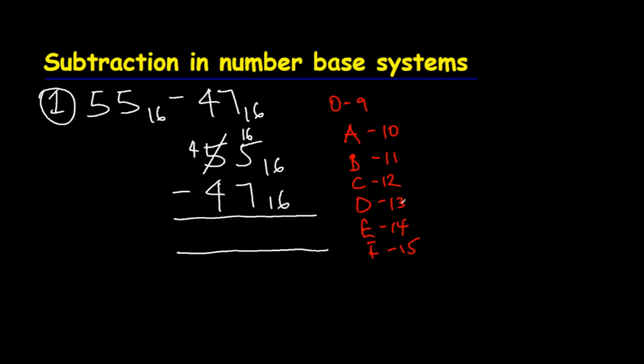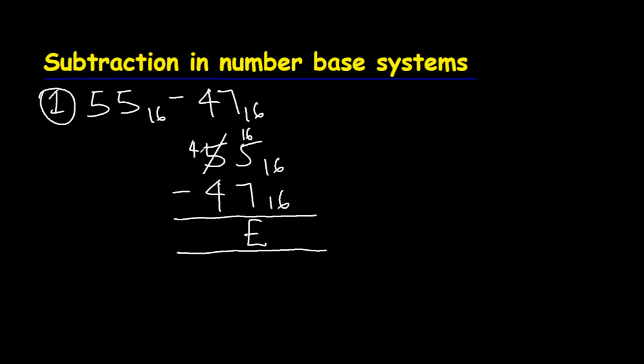So as we can see, the number 14 is represented by the letter E. So instead of writing 14, we write E. So we just write E over here.